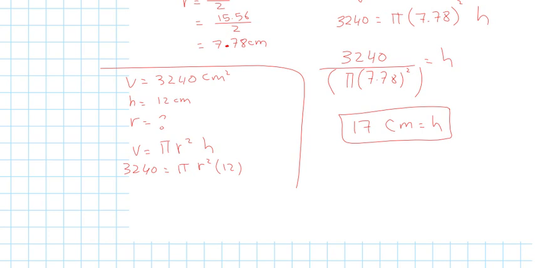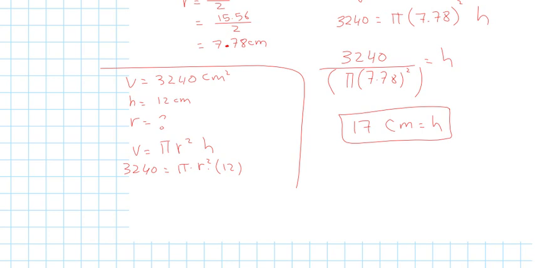What would you want to do? Can you move the pi over? Yeah, you can move the pi over, by dividing by pi. How about the 12? You have to move both of them at the same time. Remember, this is all multiplication. If I say pi times r squared times 12, or 12 times pi times r squared, it's the same thing.